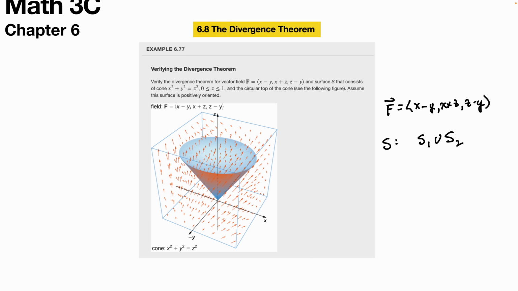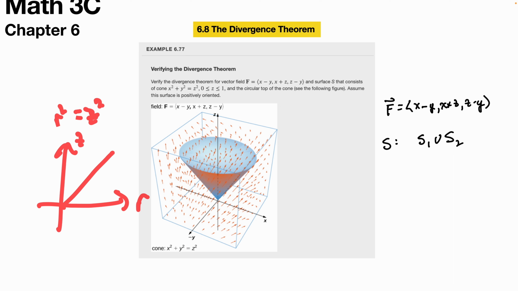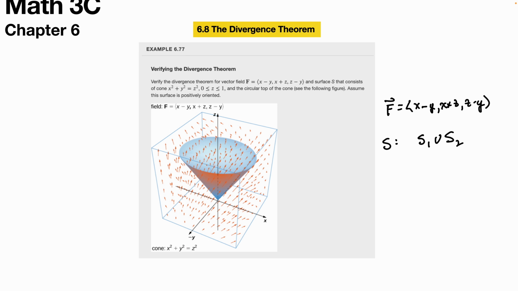And then the cone is described as x squared plus y squared equals z squared. So that's x squared plus y squared, which is just r squared. R squared equals z squared. So if you look at r's and you look at z's, then the cone is going to trace out an angle phi of 45 degrees, or this line here is going to have a slope of 1.